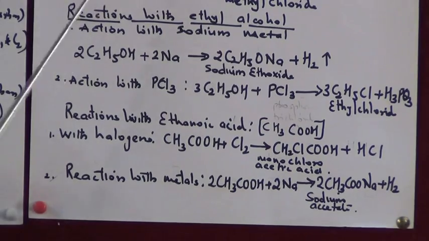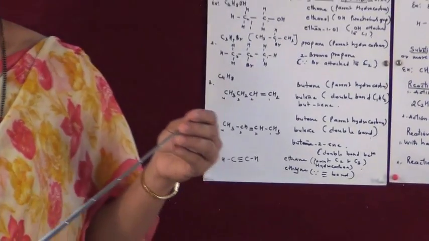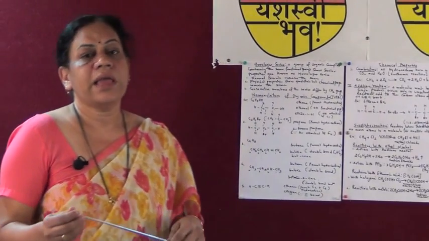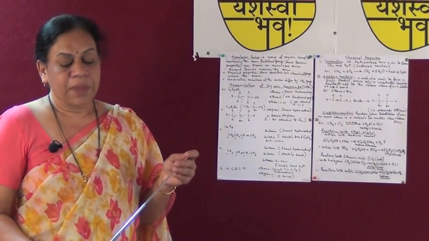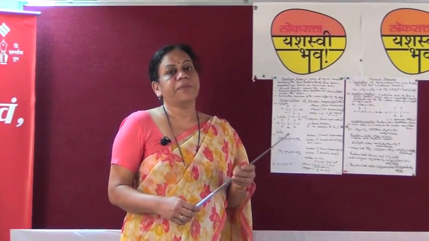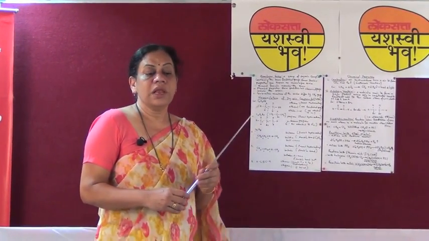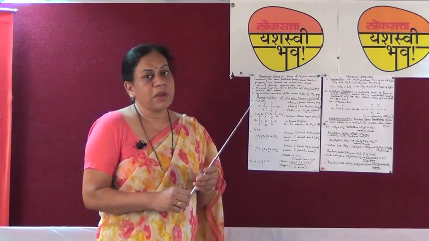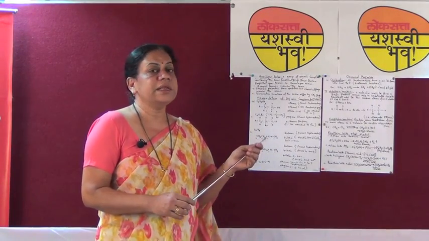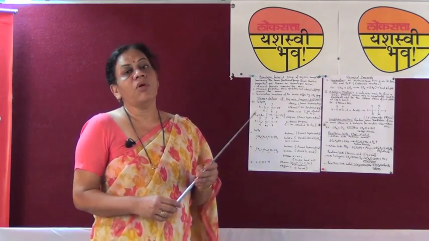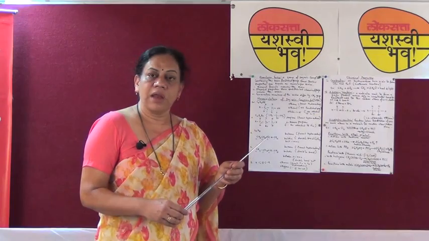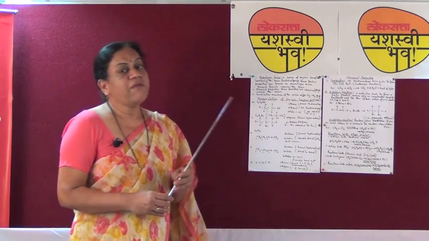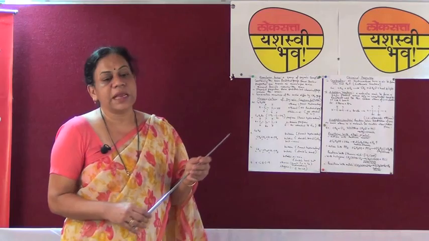Children, there are still more reactions that you can make of organic compounds. I would advise you to write down all the chemical reactions with respect to ethyl alcohol and ethanoic acid. Now from the entire chapter you will have to personally draw all the structural formulas of all the parent hydrocarbons, that is the alkane group, and prepare the homologous series attaching the functional group to each of the hydrocarbons in the alkanes, and find out for yourself the new compounds that are formed.